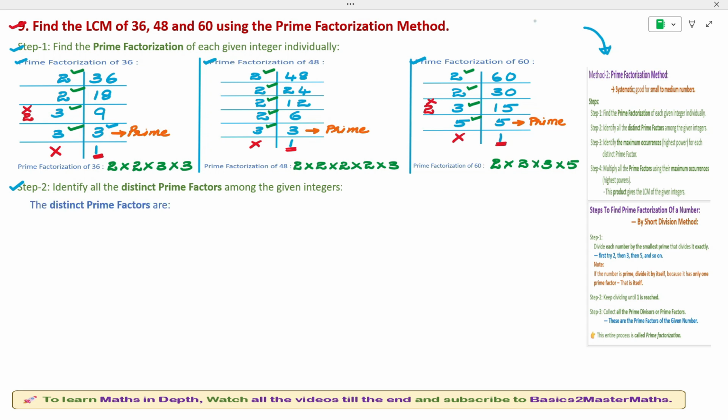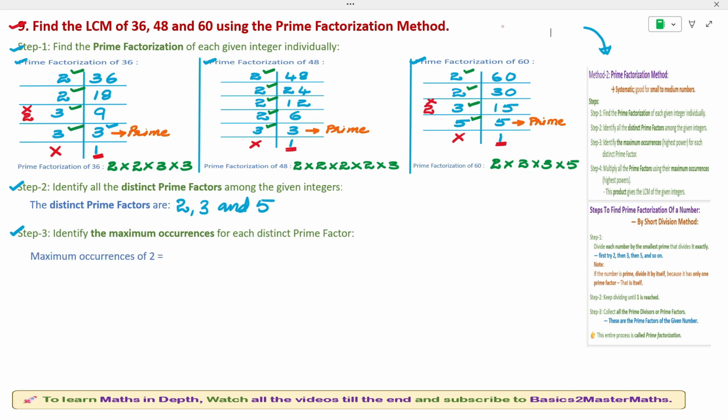In this case, the distinct prime factors are 2, 3 and 5. Step 3. Identify the maximum occurrences for each distinct prime factor. Observe, 2 occurs in the prime factorizations of 36, 48 and 60.